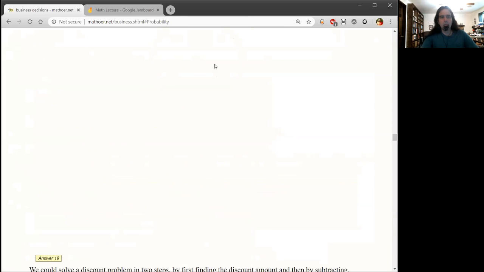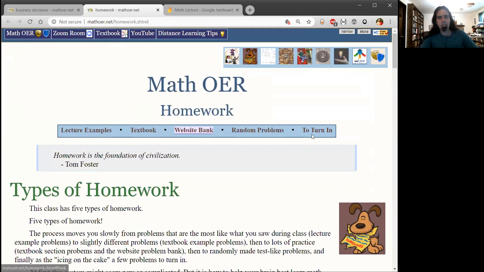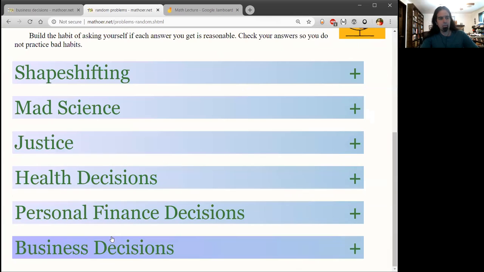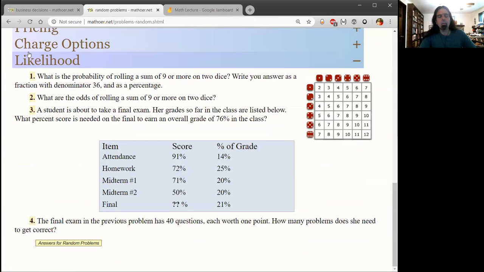Let's look at some homework problems. So the random problems are going to give you a blank chart because we're not sure it's 7s and 10s anymore.